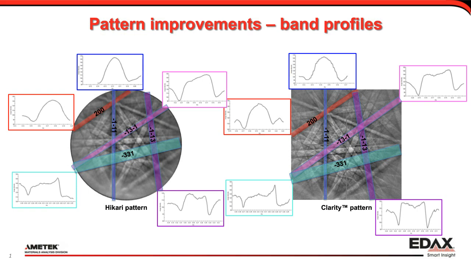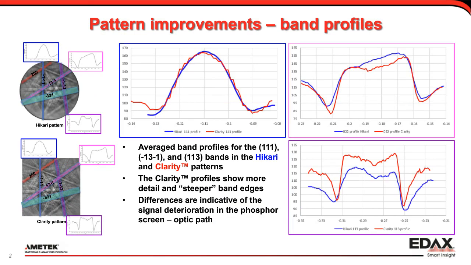And when I just superimpose a few of those, I've just taken 3 of these bands out. And if you look at the round one, this rounded band here, this is the 111. Okay, that's nice and smooth, and they fit beautifully together. So there, you don't really see much of a difference.